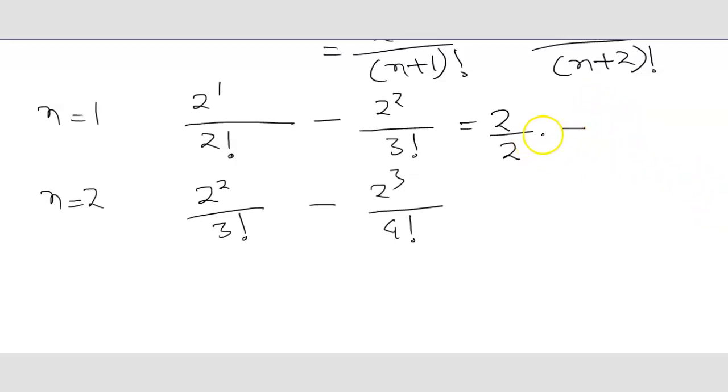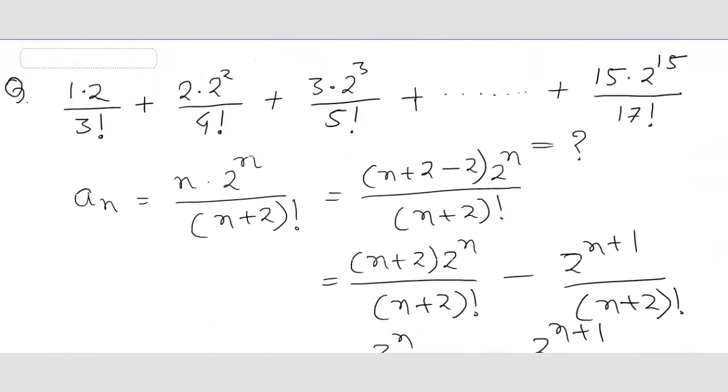So that is the first term. The first term is written quite differently. It is 1 minus 2 by 3, so it is 1 by 3.